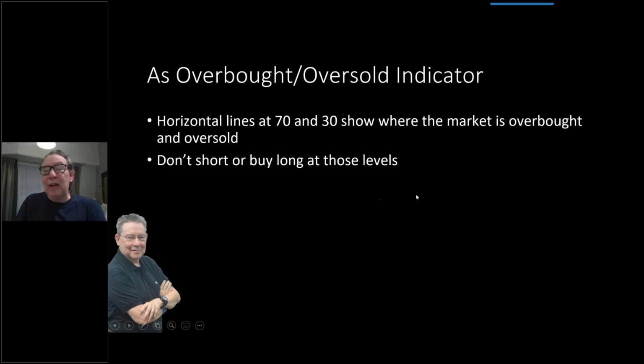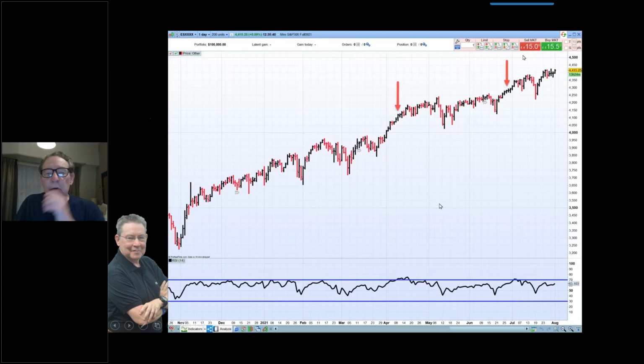But should you take profits? Well, that's probably not a bad idea when you get up near there. Now I'm going to show you a chart here in just a second. So here's the same chart, only I've put these arrows saying this is where you would have gotten short if you sold the market when it got above 70, or took profits.